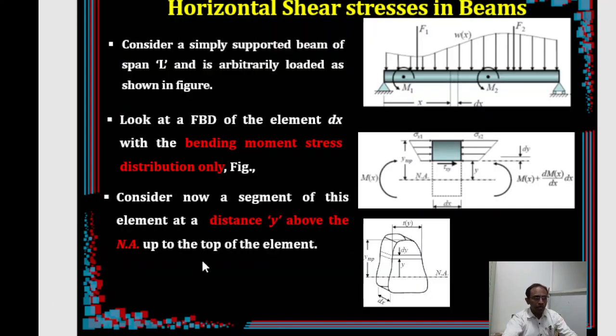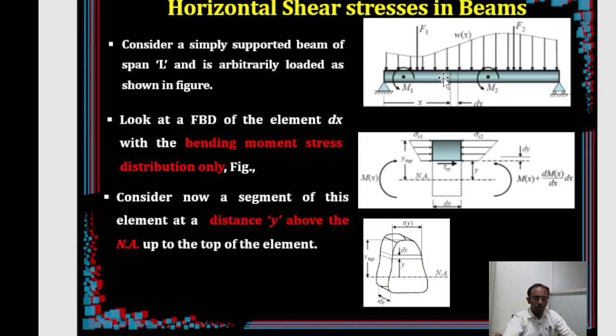Both are the same, either vertical or horizontal; the magnitude is the same. So now how to calculate this horizontal shear stress? Let us consider a simply supported beam having a span L. Now you load it in some random way.